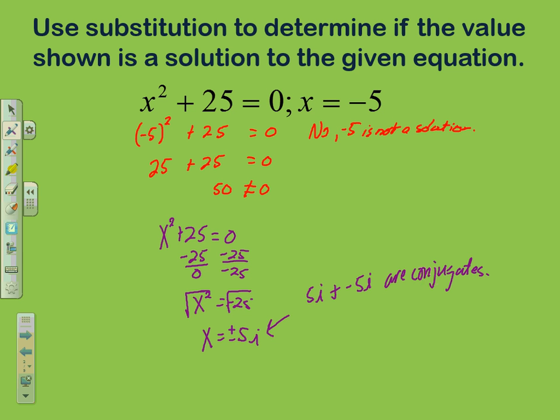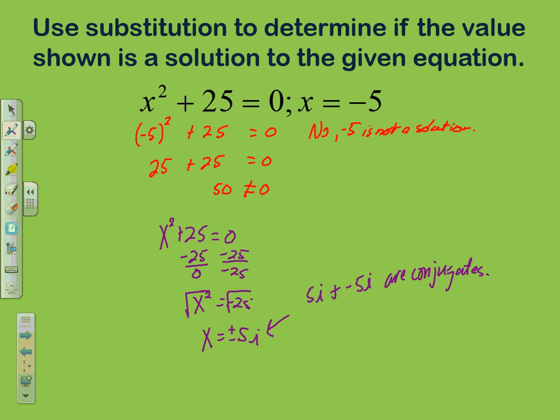So this is kind of leading us into the idea that if I have one imaginary number or one complex number as a solution to a problem, then its conjugate pair must also be a solution to a problem, and that's going to be coming up in later units as well.